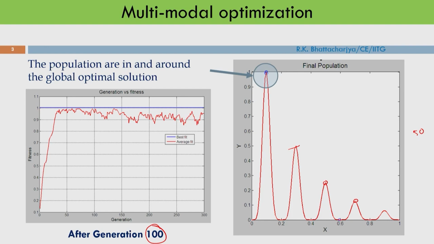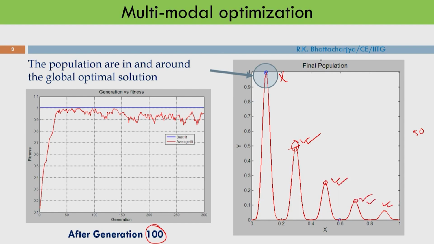Now suppose this global optimal solution is not acceptable, and I need a local optimal solution. In the case of genetic algorithm you will only get the global optimal solution. If this particular solution is not acceptable, and if I have knowledge about the other local optimal solutions, then I can take a decision: this solution is not acceptable, but I can take that one.